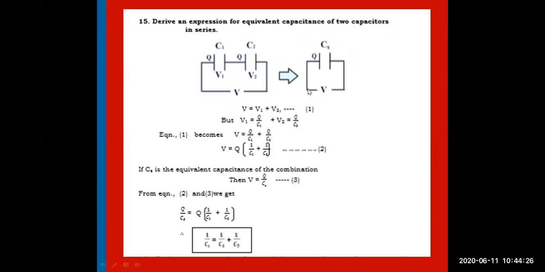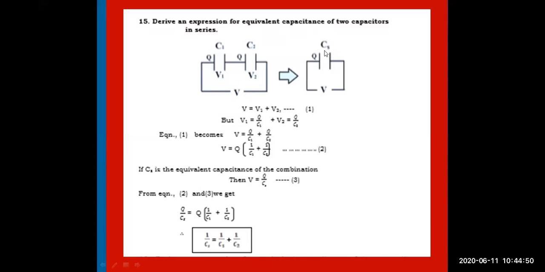You have one equivalent capacitor here. What is equivalent capacitance? It will give us the same effect as the combination. Any single capacitor which gives the same output as the combination, we call it equivalent capacitance.